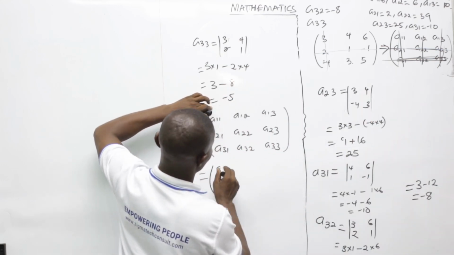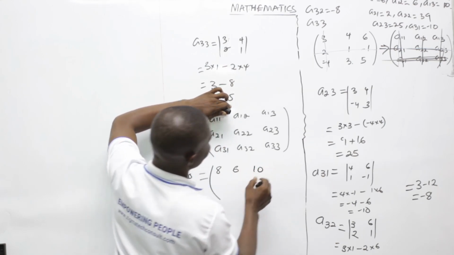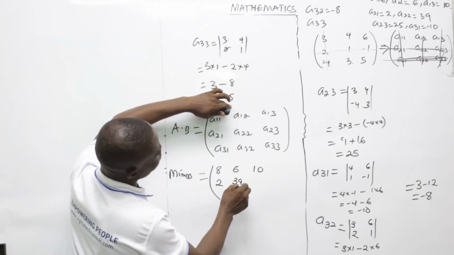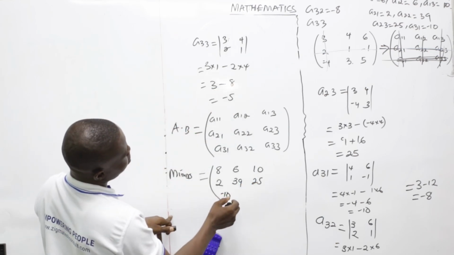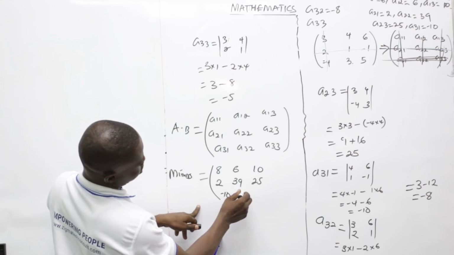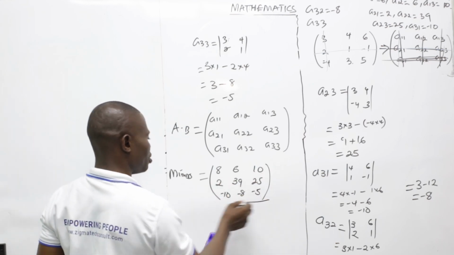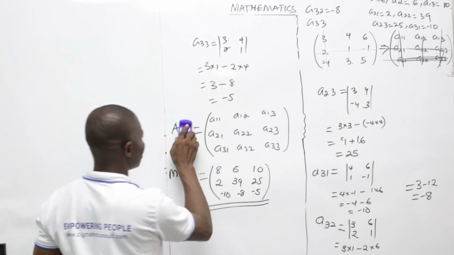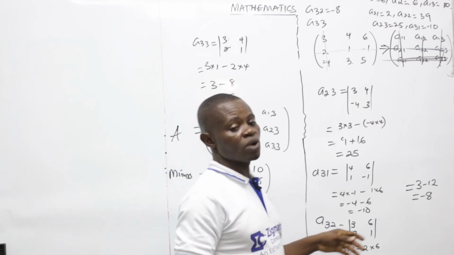You're right. A12, 6. A13, 10. A21, 2. A22, 39. A23, 25. Then A31 minus 10. A32 minus 8. A33 minus 5. This is the matrix of minors of the matrix A.